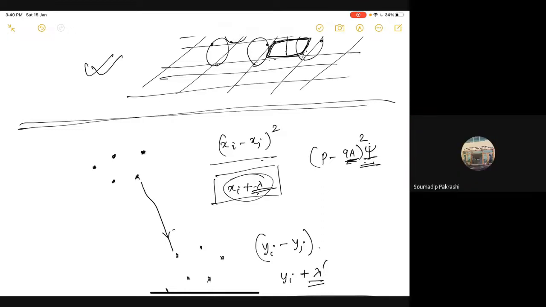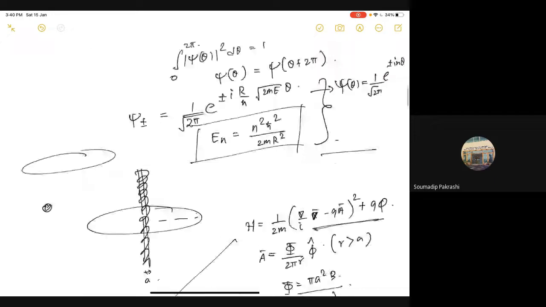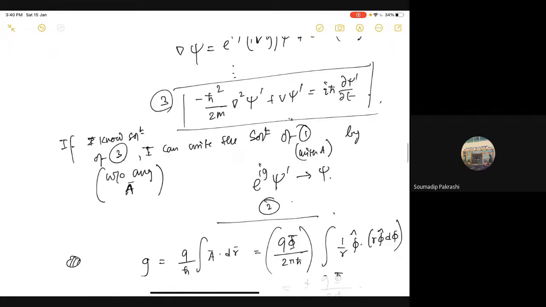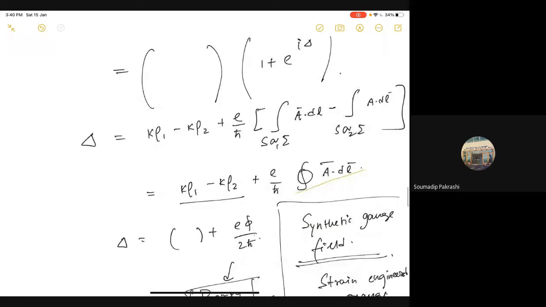Sir, one more question. Can you go to that part of the presence of that solenoid in that interference experiment? Here, I am saying that if we tune the magnetic field in some way, the interference pattern can get lost.